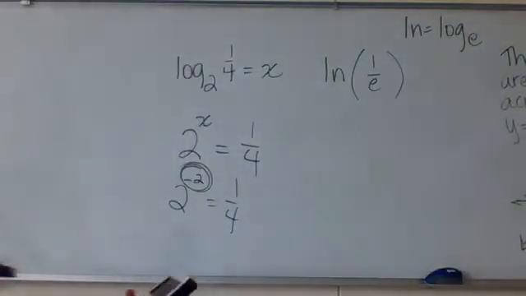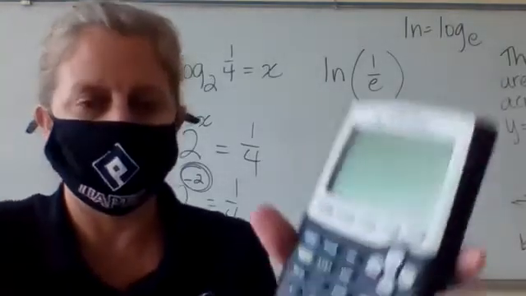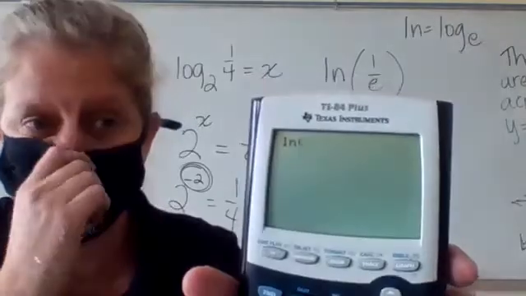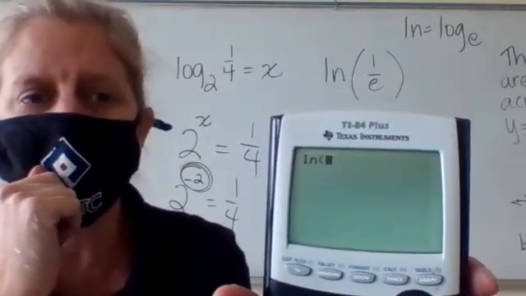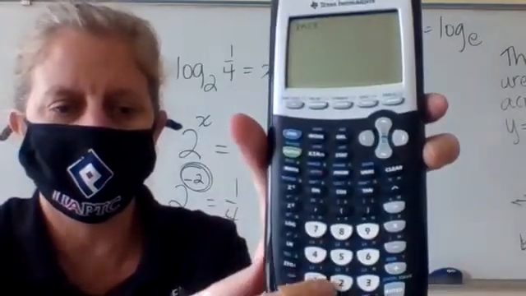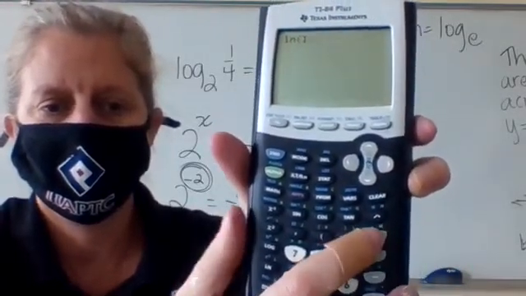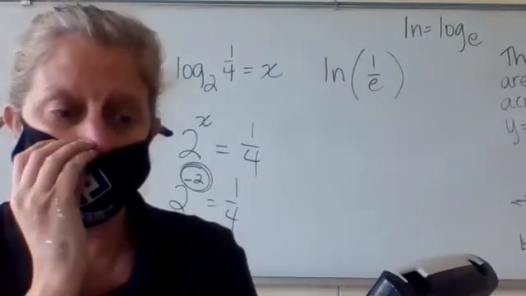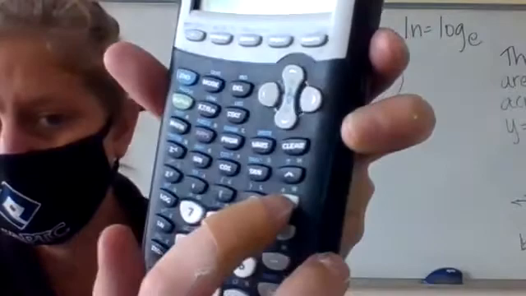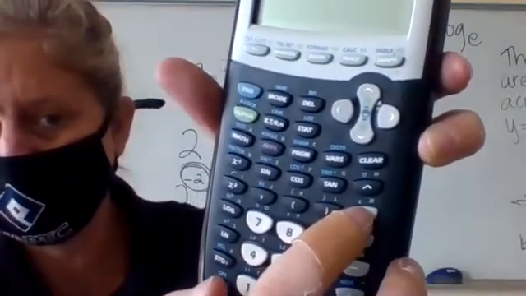So let's see. ln has its own button on the calculator right below log. So in this parentheses, what do I need to put? I need to put 1/e. So let's see. 1 divided by, now you'll notice on your division button, it has the math e right there.